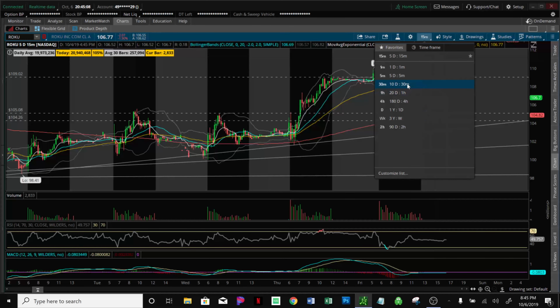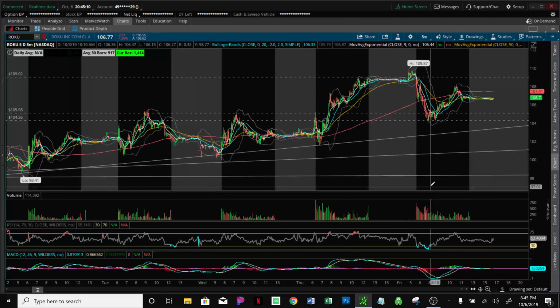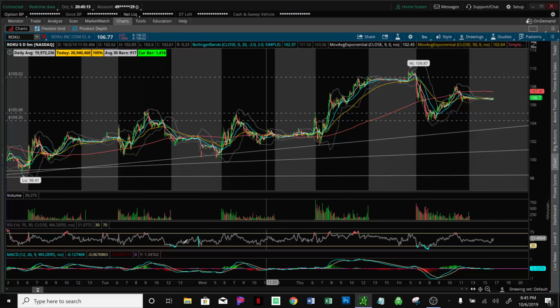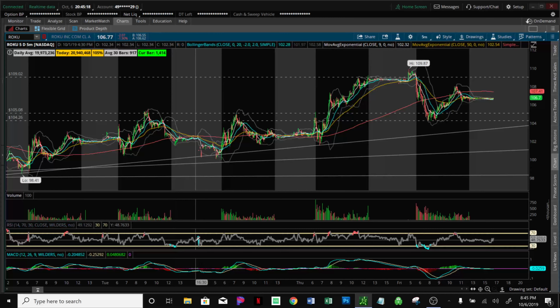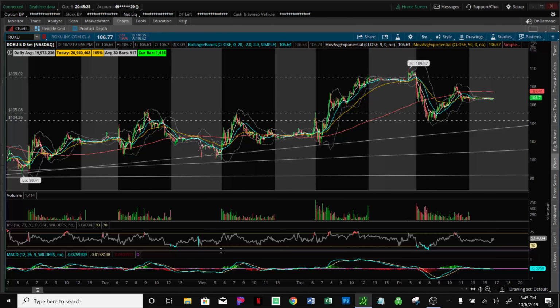Still not much here. Let's go back to the 5-minute chart. So yeah, RSI is not really showing much of an indicator on this stock when you break it down onto an intraday basis. But you just look through all these time frames to get the big picture, and then drill down to wherever you're going to try to trade this.